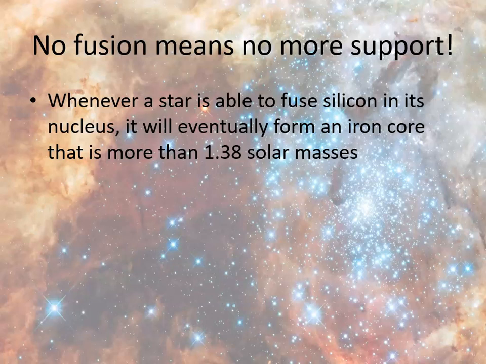What that means is that the core of a star cannot support itself against the inward pull of gravity if it's 1.38 solar masses or more. In the case of our sun, we're not going to have to worry about that. The core of our sun, once everything is said and done, is only going to be about half the mass of our sun right now.